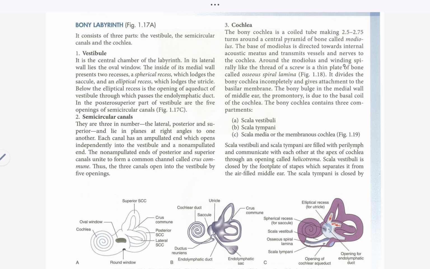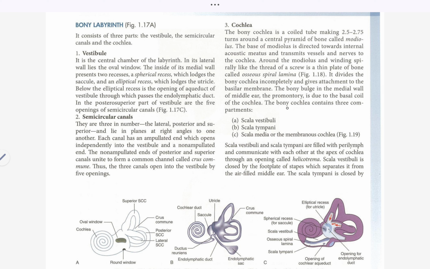Around the modiolus, winding spirally like the thread of a screw, is a thin plate of bone called the osseous spiral lamina. It divides the bony cochlea incompletely and gives attachment to the basilar membrane. The bony bulge in the medial wall of the middle ear, the promontory, is due to the basal coil of the cochlea.